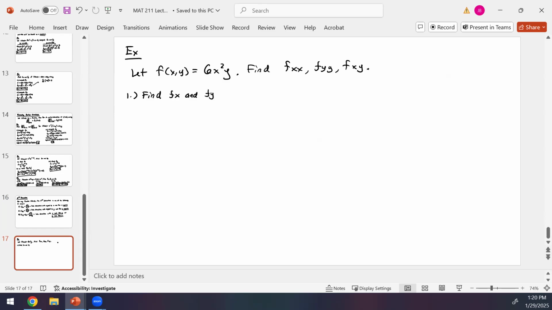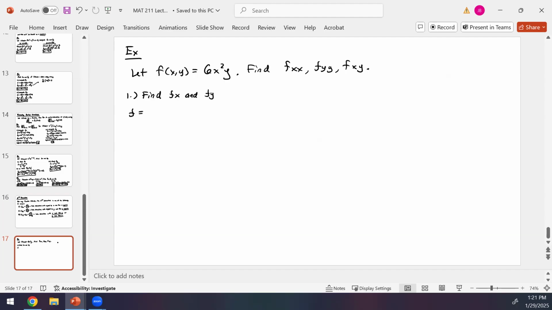Now, you can do this two ways, and this really just comes down to what works better for your brain. Some people will do all the x stuff in one column, and then all the y stuff in one column. And then other people, like myself, I'll do the first derivatives first, and then I'll do the second derivatives second, right? It's just about keeping the work organized for yourself to be able to read it and not mix things up, essentially.